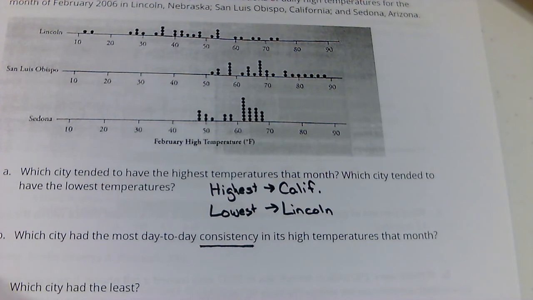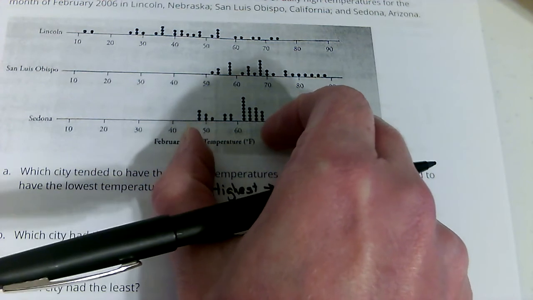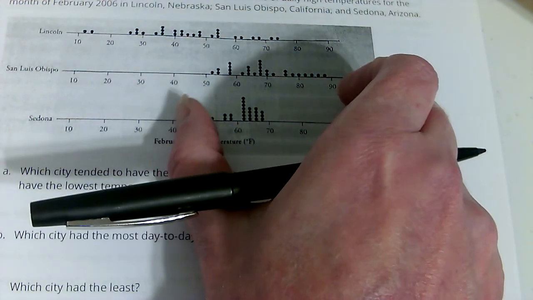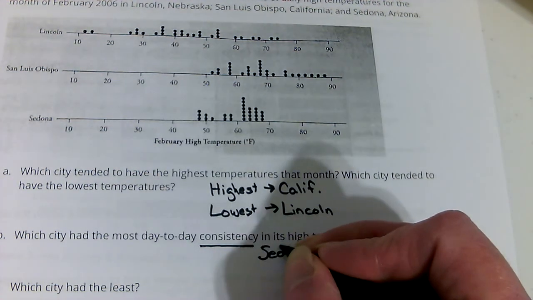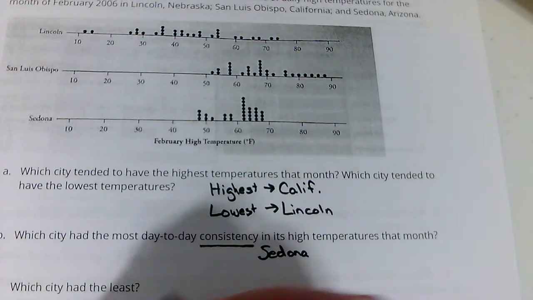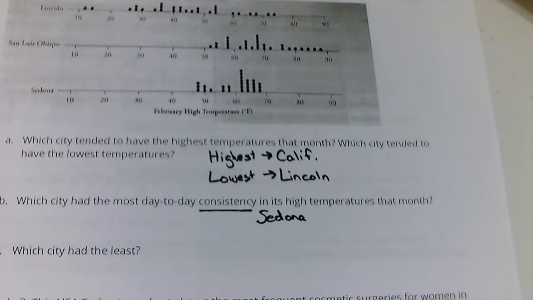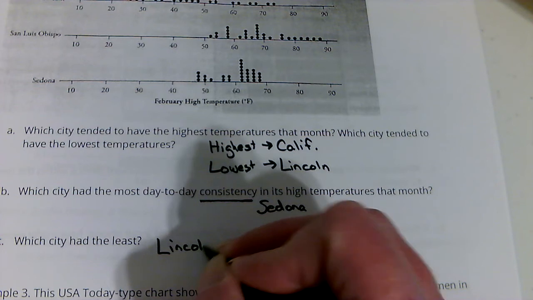So which one is the most consistent? Well, notice that Sedona is staying between 50 and 65 mainly, while the other ones have a wider spread. So this would be Sedona. Which one has the least consistency? So which one is spread out the most? That would be Lincoln.